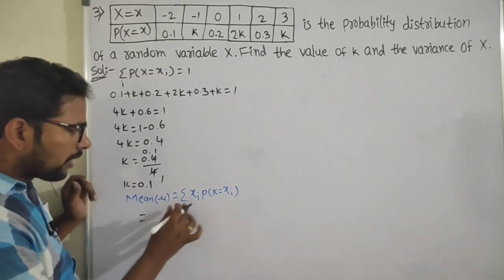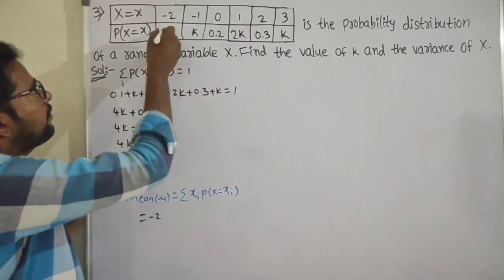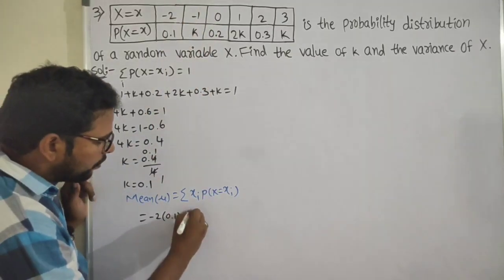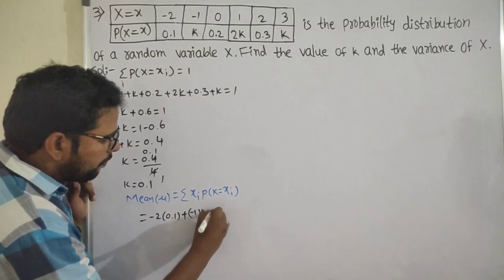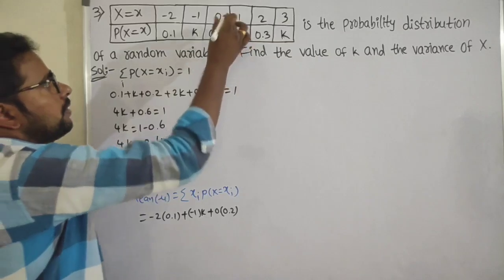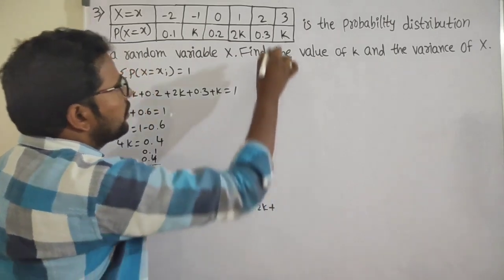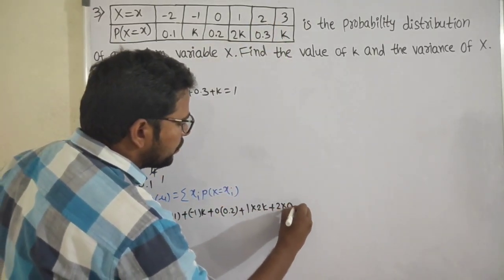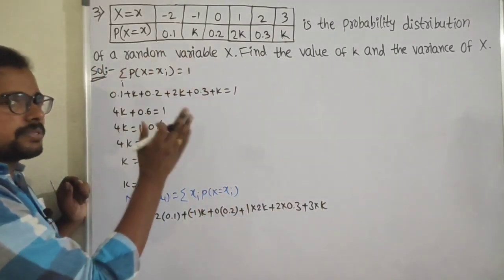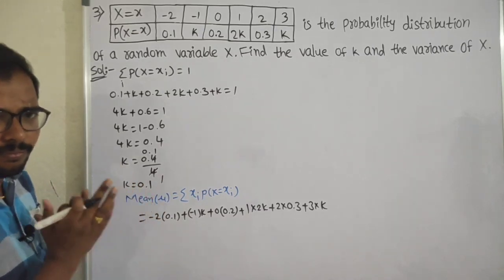So take the outcome and the probability of that outcome: -2 into 0.1, plus -1 into k, plus 0 into 0.2, plus 1 into 2k, plus 2 into 0.3, plus 3 into k.